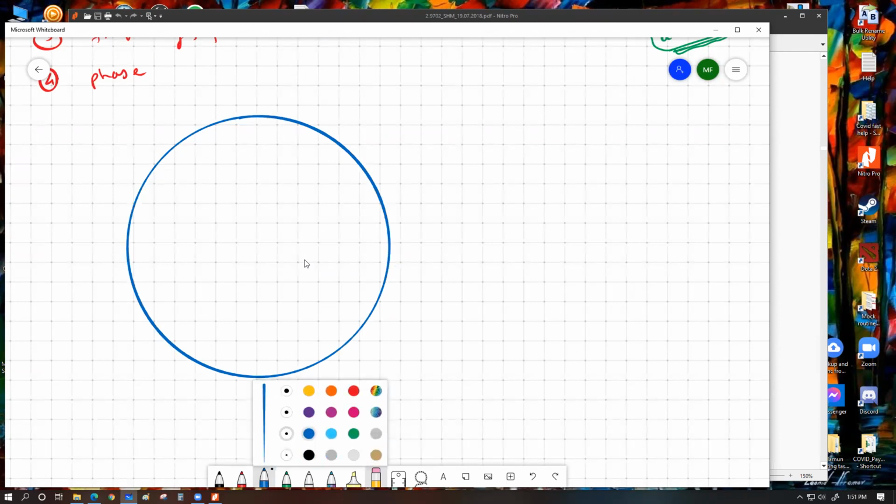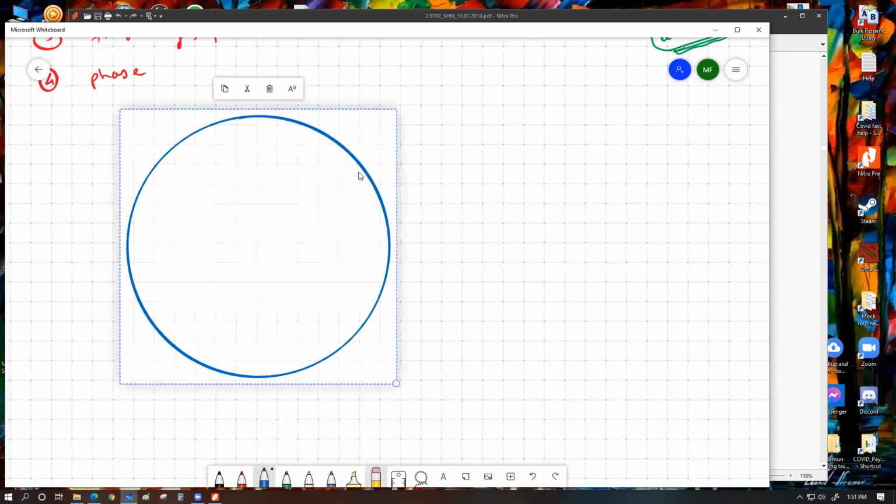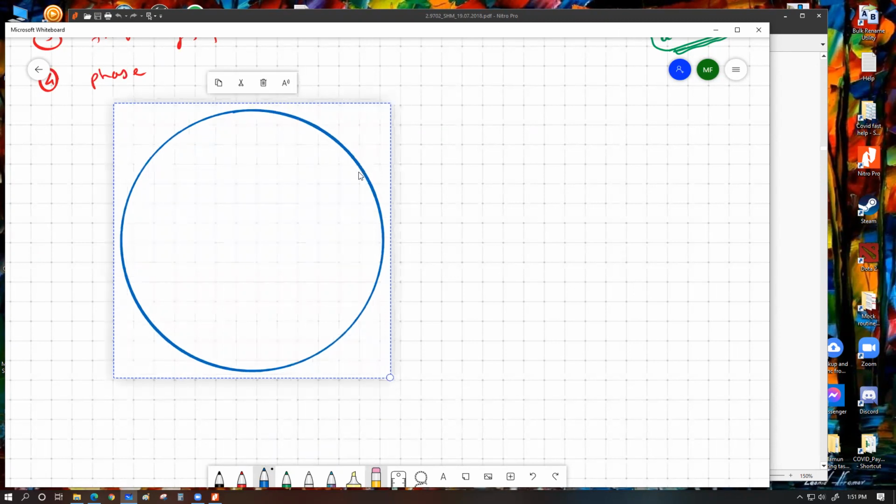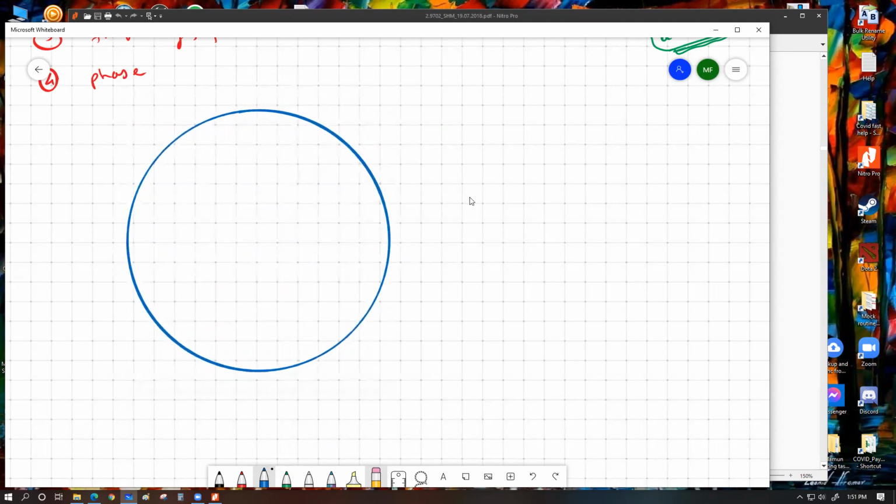Okay, so let's consider this is the path of a certain circular motion object. Here is the center of the circle, and here is the object right over here at this position to begin with.